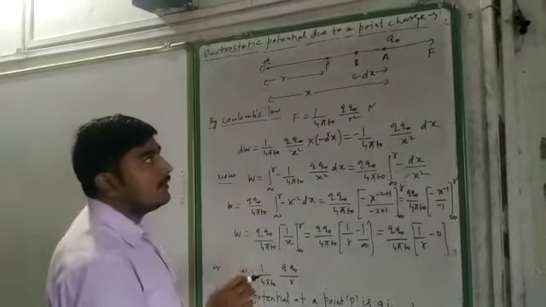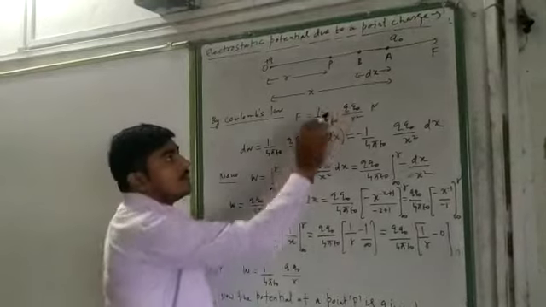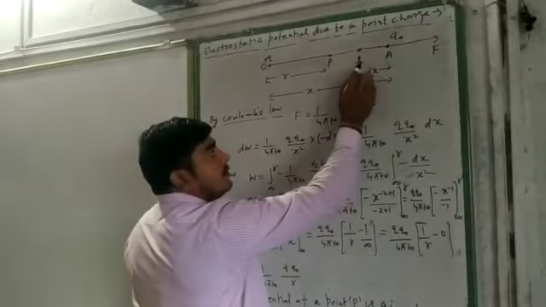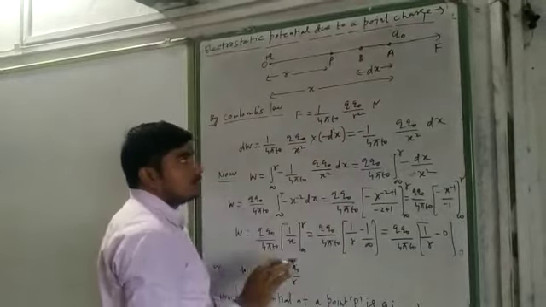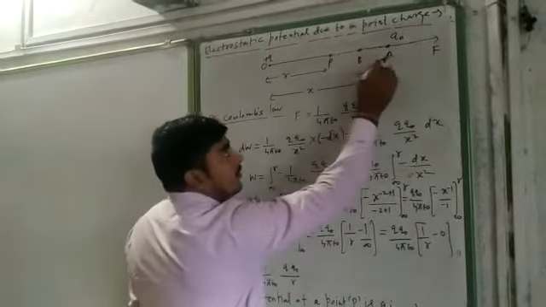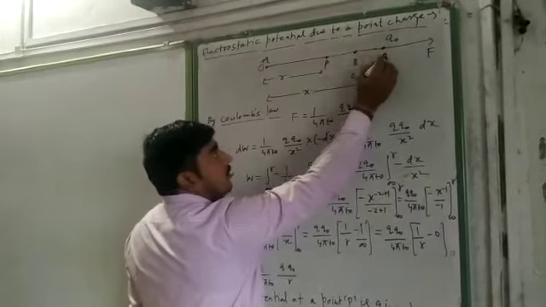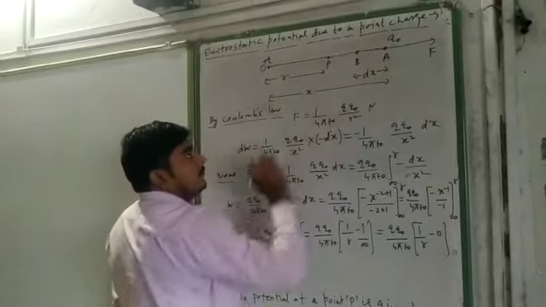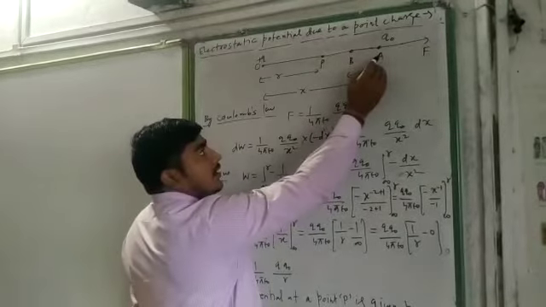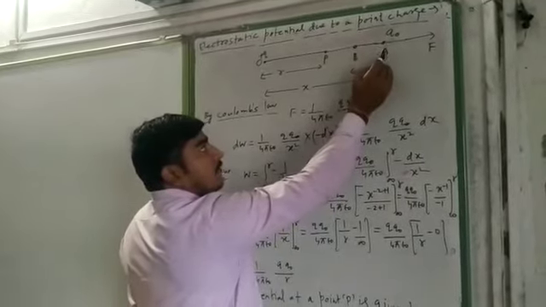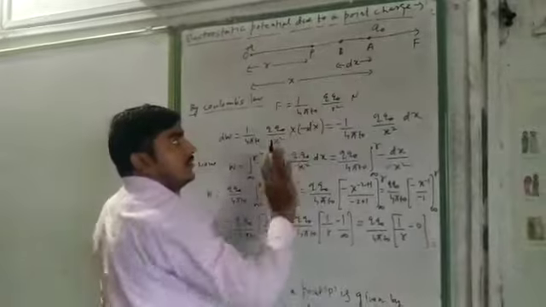Let me consider two points A and B, which are at a short distance dx from each other. First we take a charge Q naught from A to B, then there will be some work done in taking the charge Q naught from A to B over a distance dx.